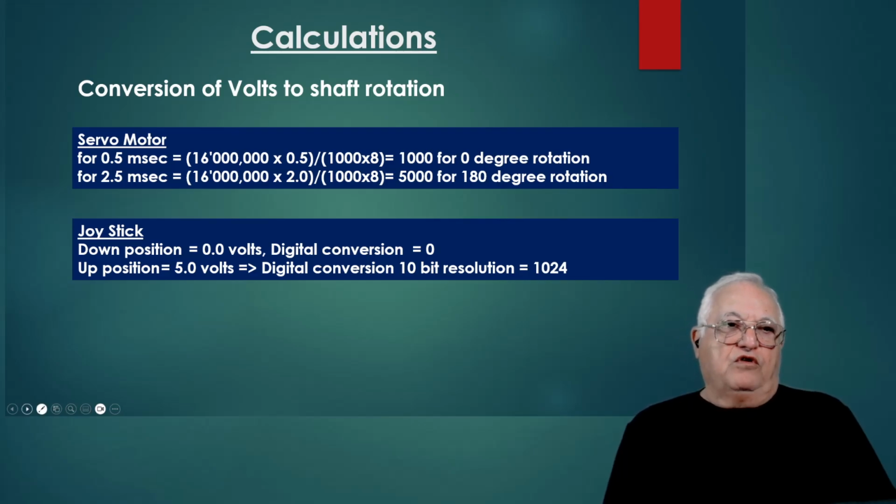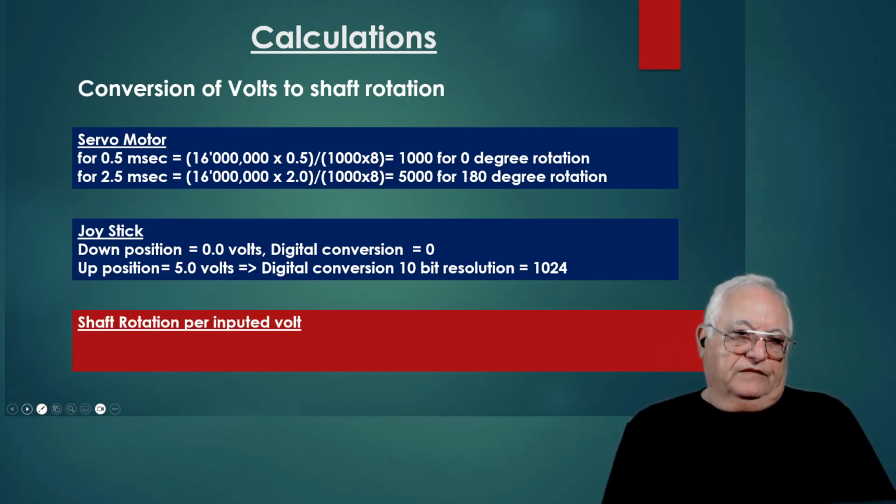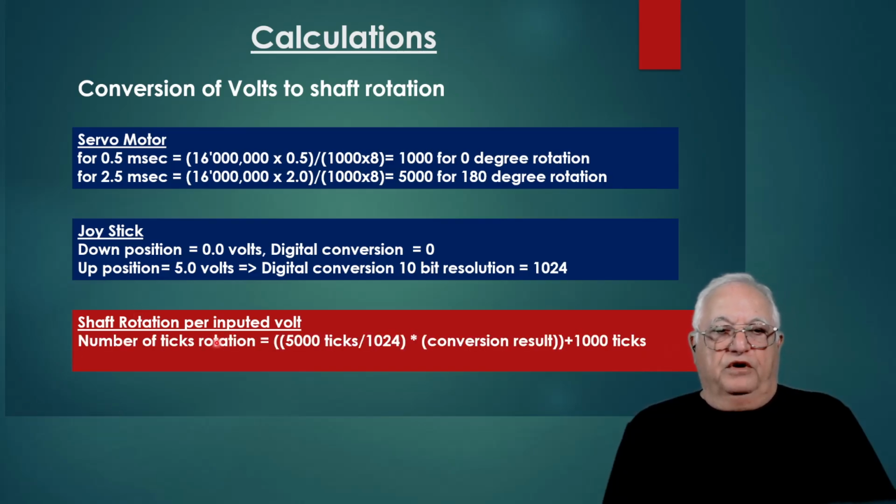So now let's do the conversion from volts to ticks. So we have 5000 ticks, which is the maximum, 180 degrees. We divide it by 1024, and that gives us the number of ticks per volt.